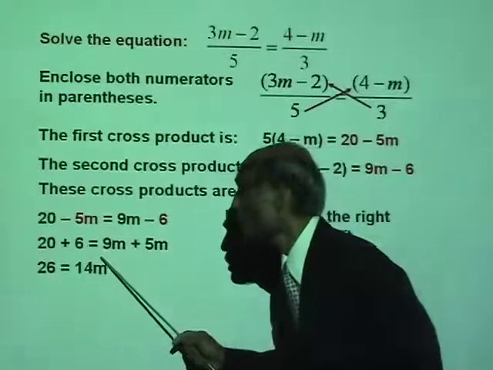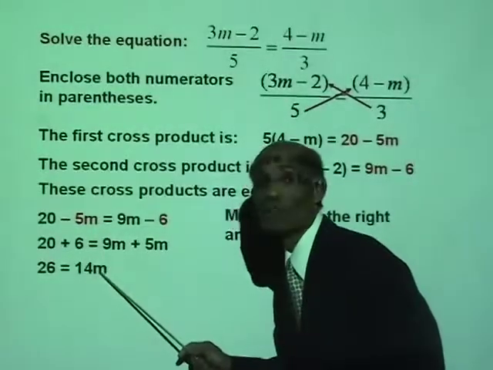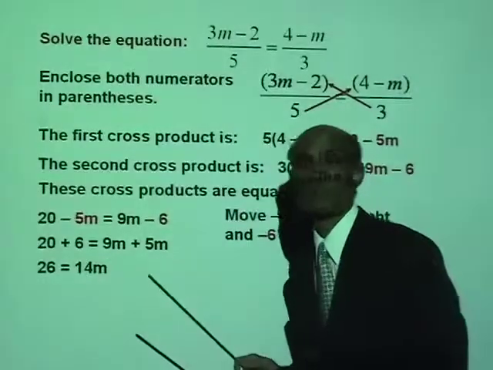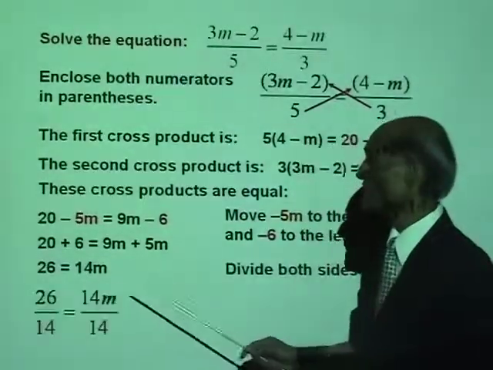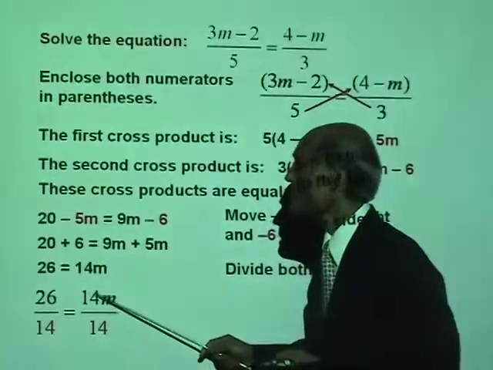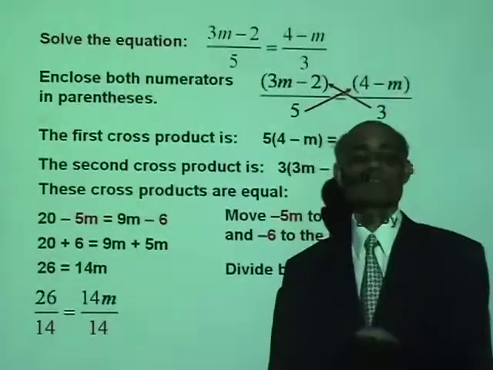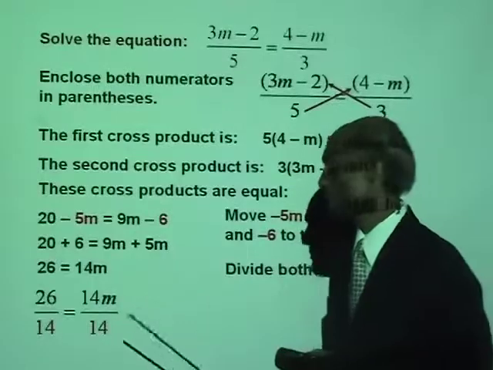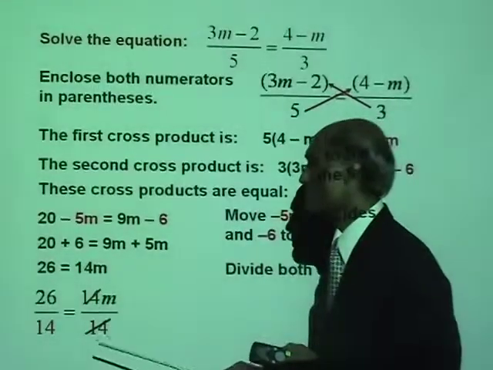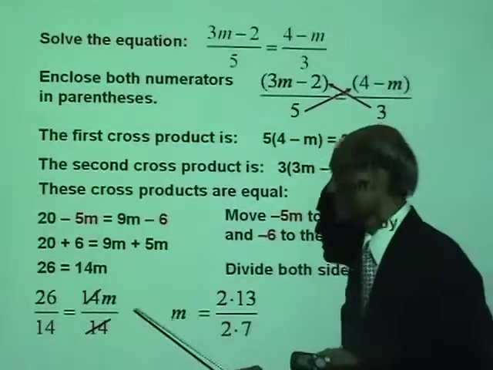And now to solve for m, we divide both sides by 14. 26 divided by 14 equal to 14m divided by 14. And of course the 14 and the 14 go.